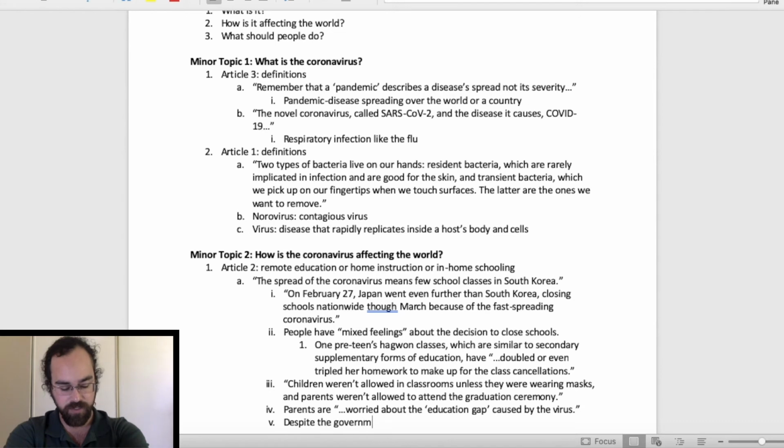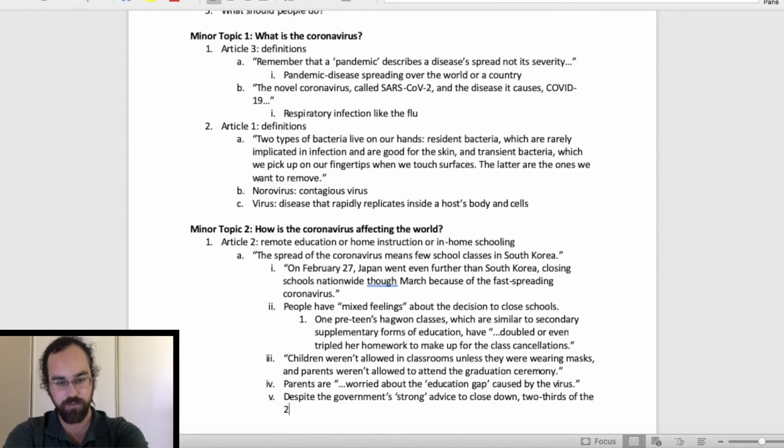Despite the government's strong advice to close down, 2/3 of the 25,000 Hagwon in the South Korean capital have stayed open.